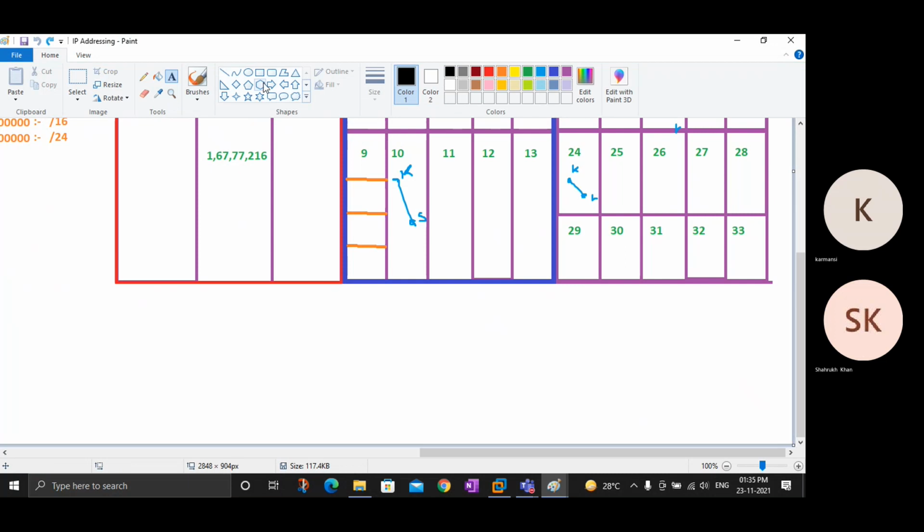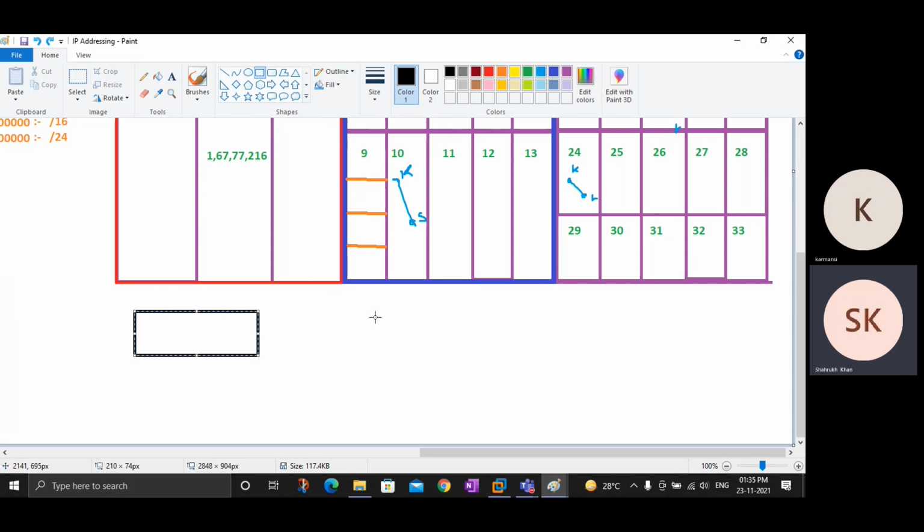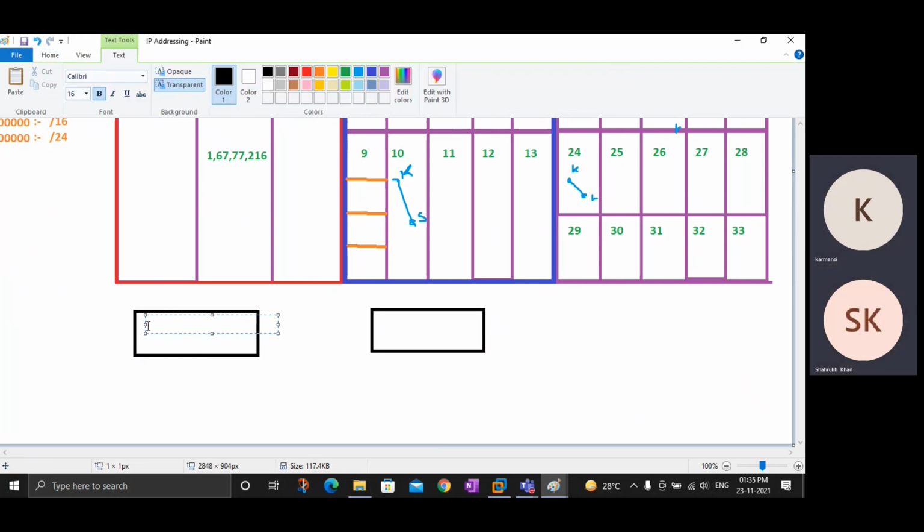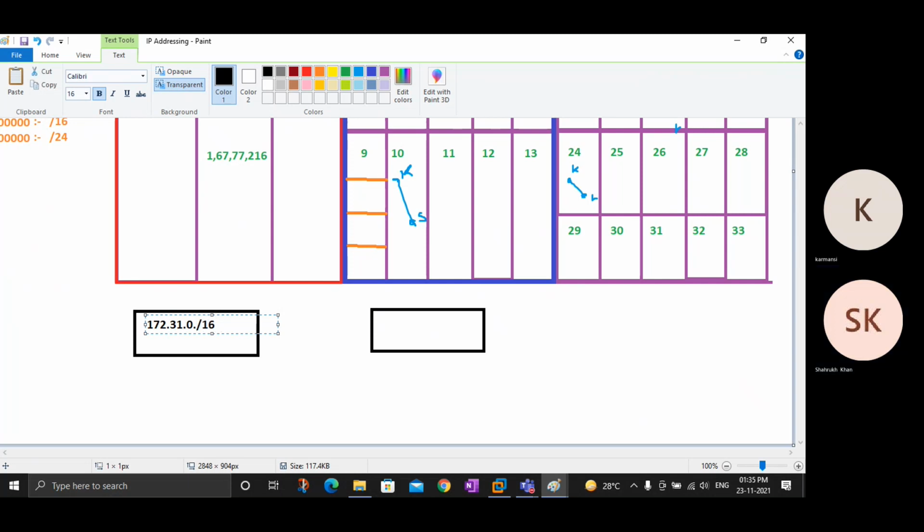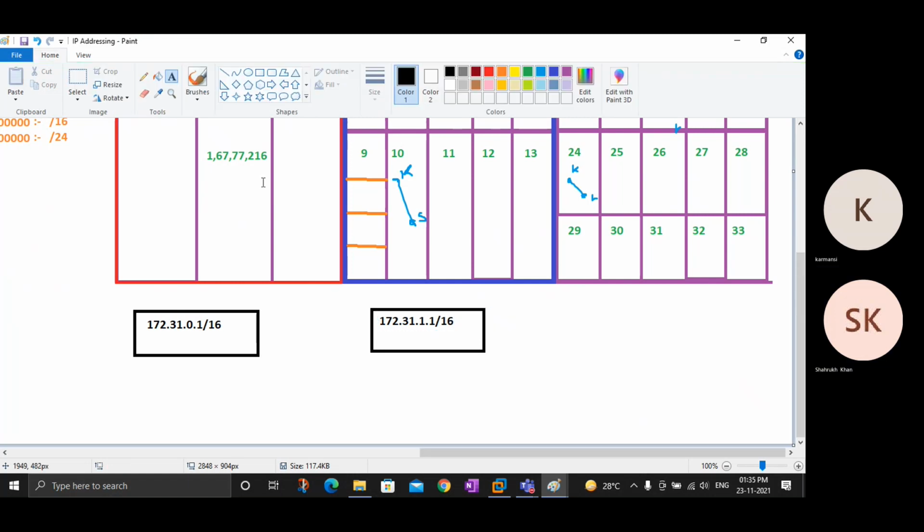Let's say there are two IP addresses, 172.31.2.0/16 and 172.31.1.1, and I'm connecting these two devices.